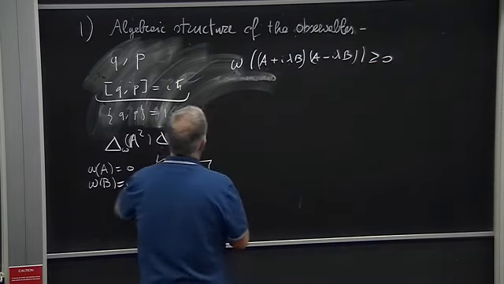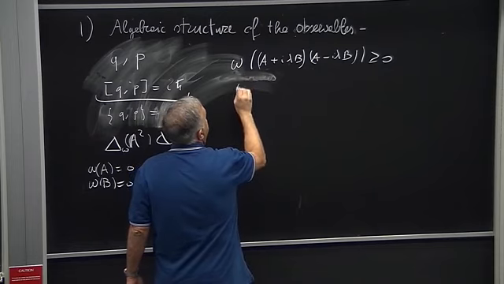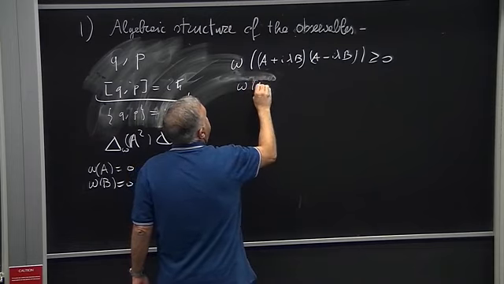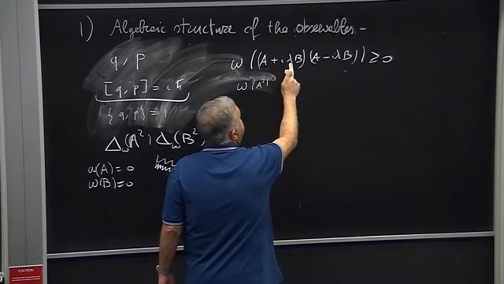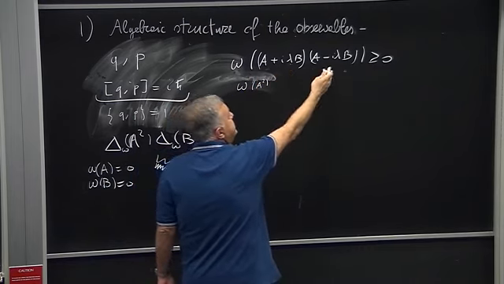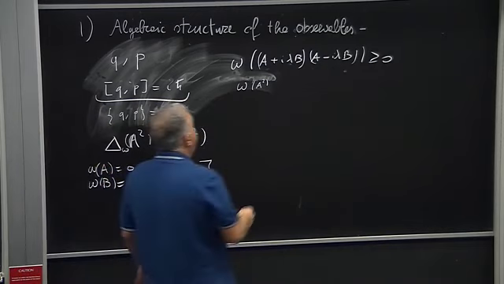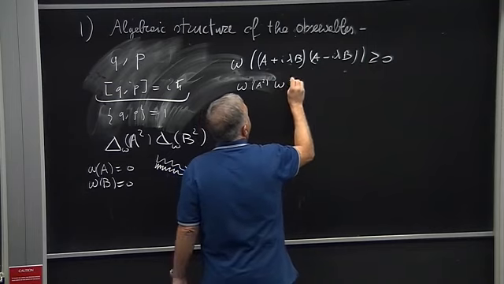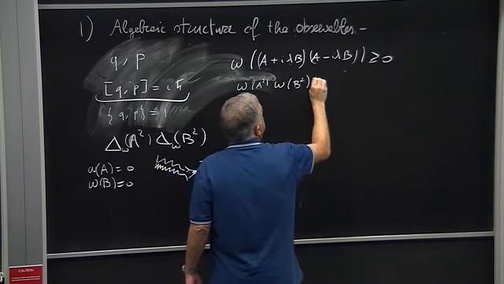This is going to tell you that omega of A squared, you compute this and then minimize this expression with respect to lambda, and you derive such a relation.